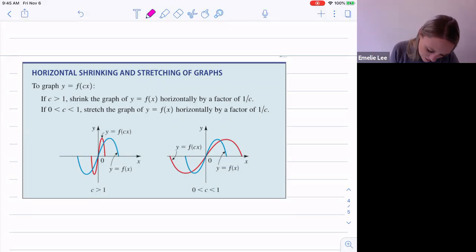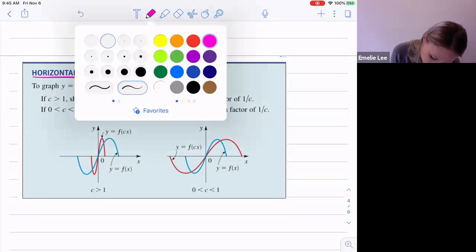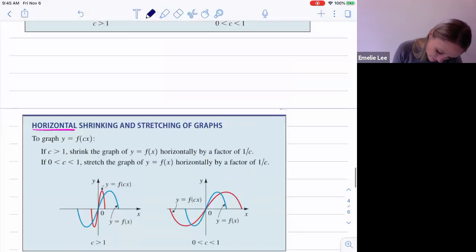Okay? I've got some space here, so I may as well fill it.